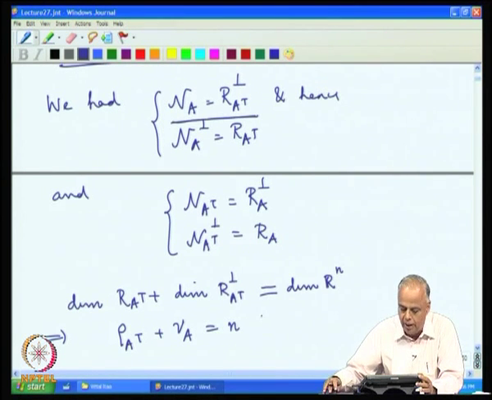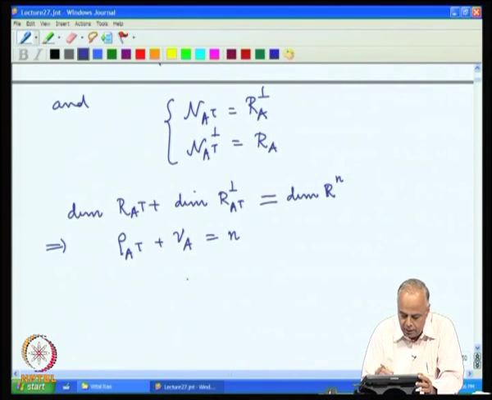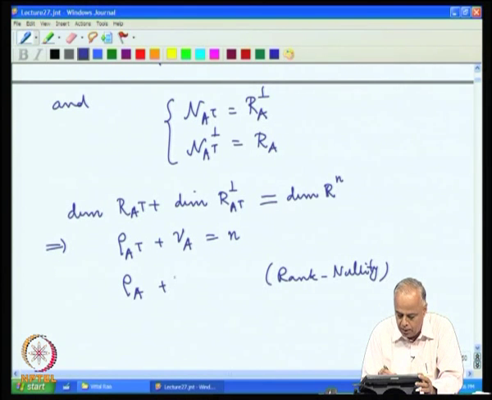By the rank nullity theorem, we had rho A plus nu A equal to n. These two together gave us that rho A equals rho A transpose.